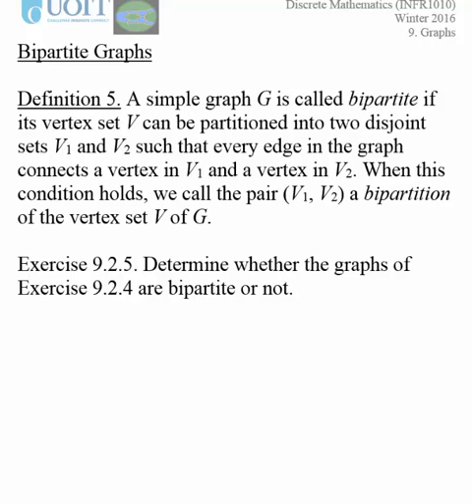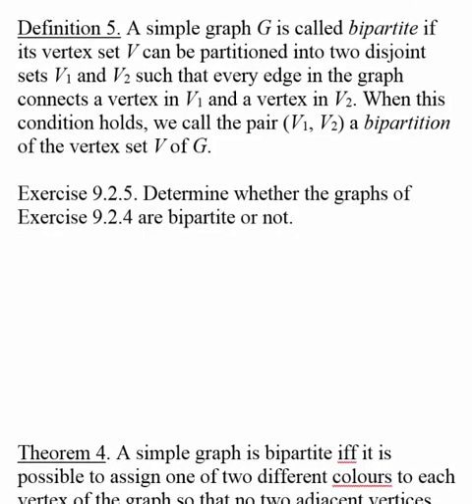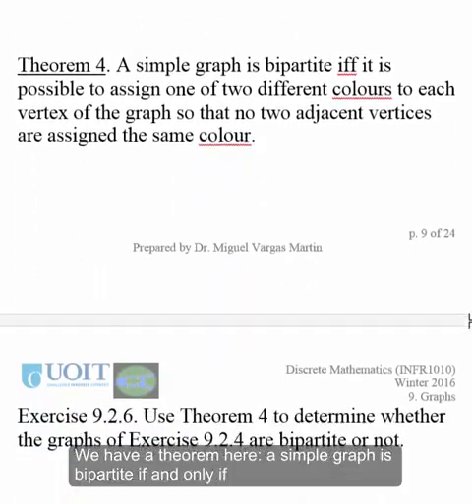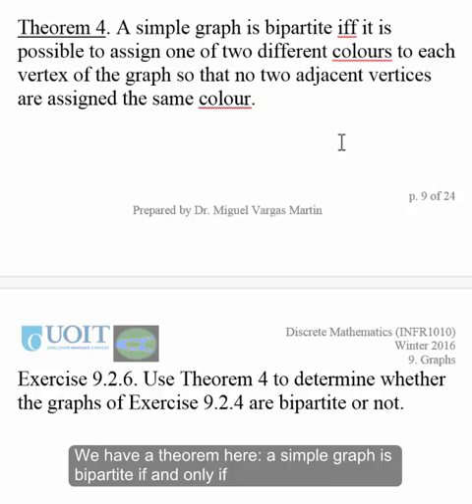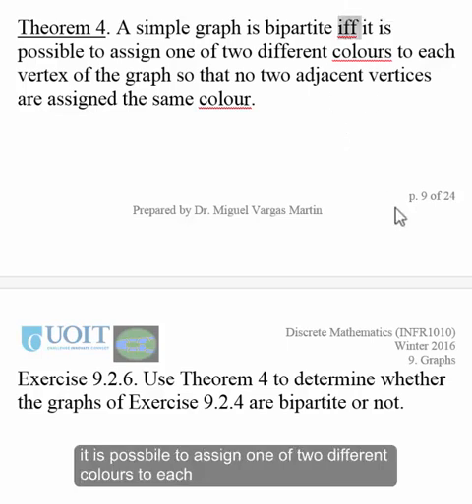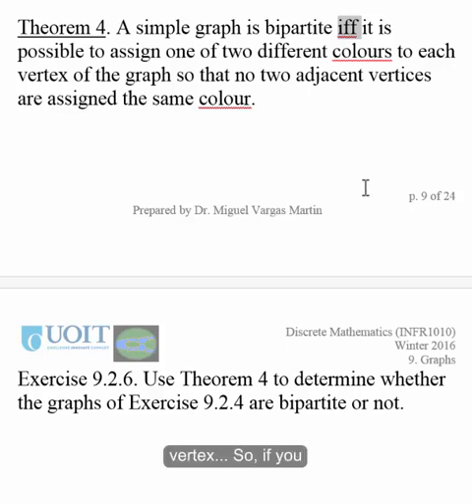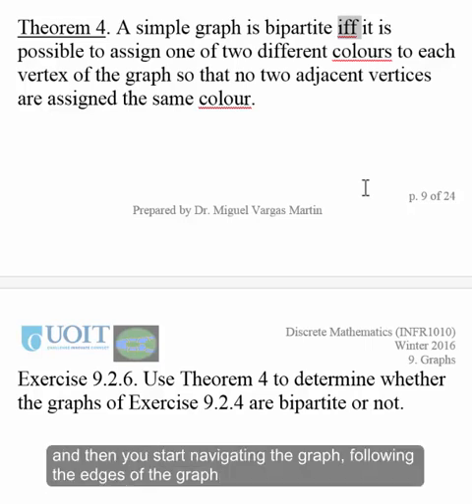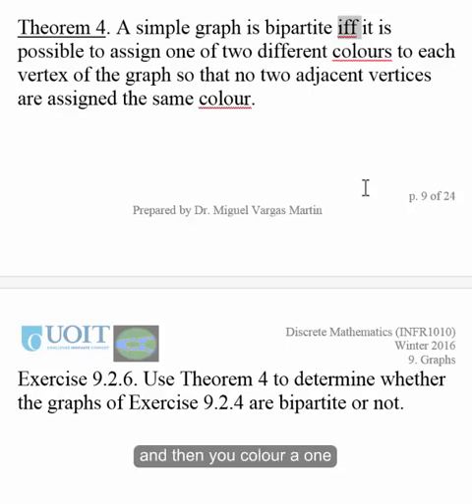Okay? We have a theorem here. A simple graph is bipartite if and only if it is possible to assign one of two different colors to each vertex. So if you start coloring the vertices of the graph, and then you start navigating the graph, following the edges of the graph, and then you color one.